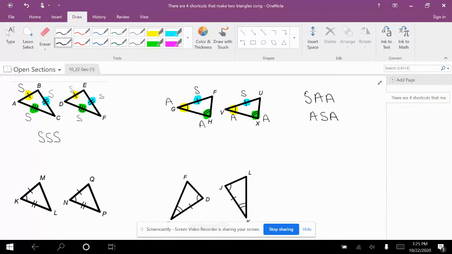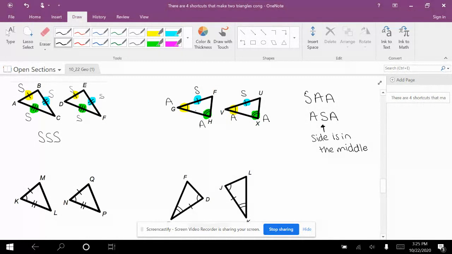But this option means that the side is in the middle. Esta opción significa el lado está en el medio. Whereas this option, the side is not in the middle. So here we have our 2 angles.